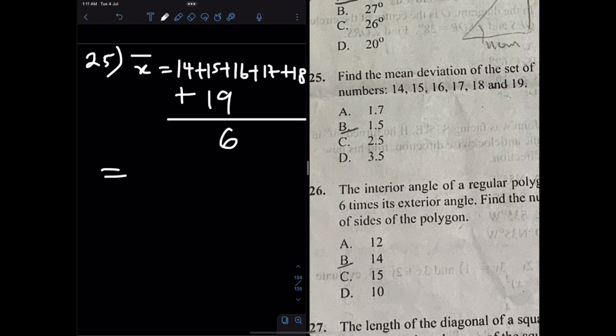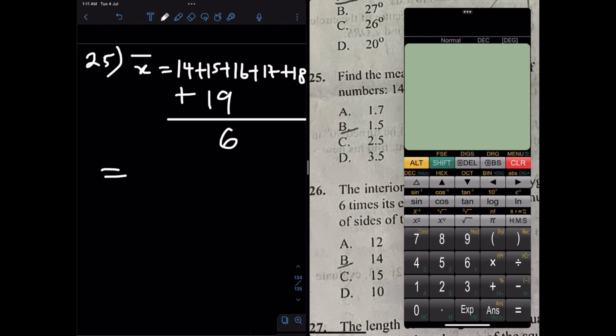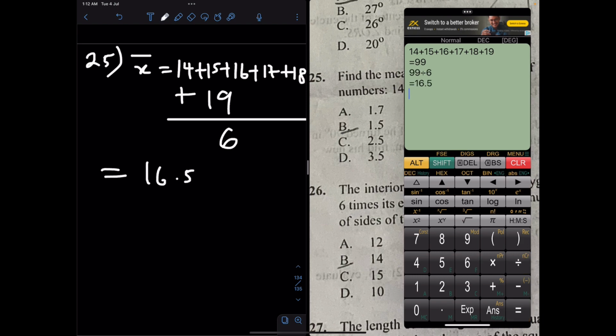Let's find that: that's 99 divided by 6, and that's equal to 16.5.